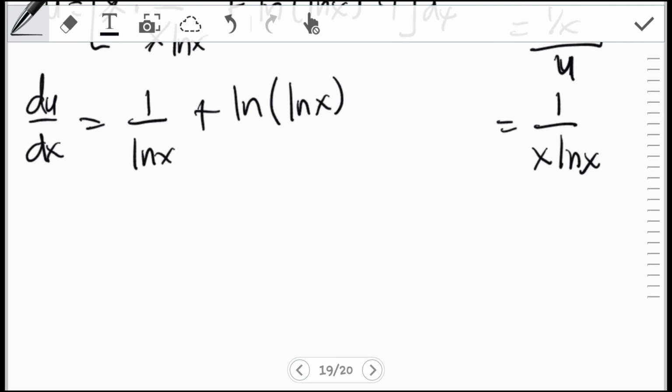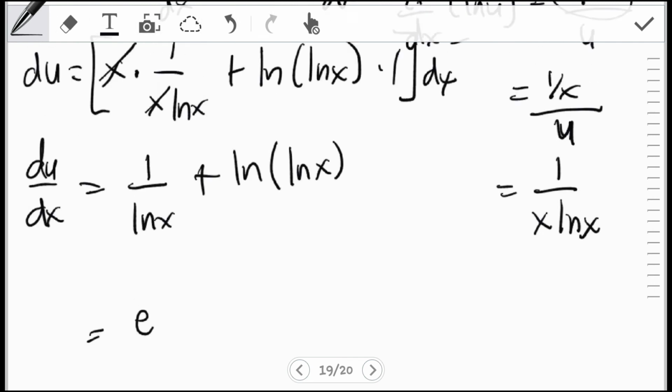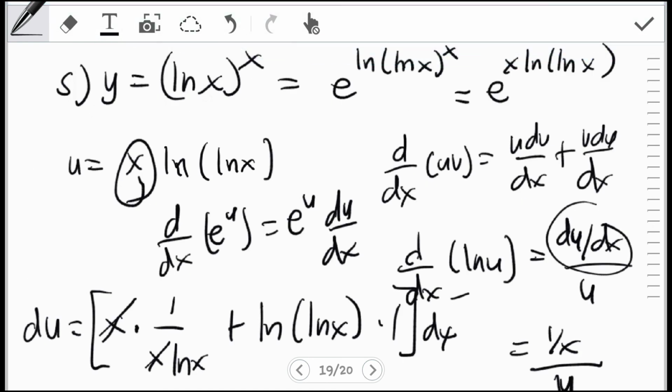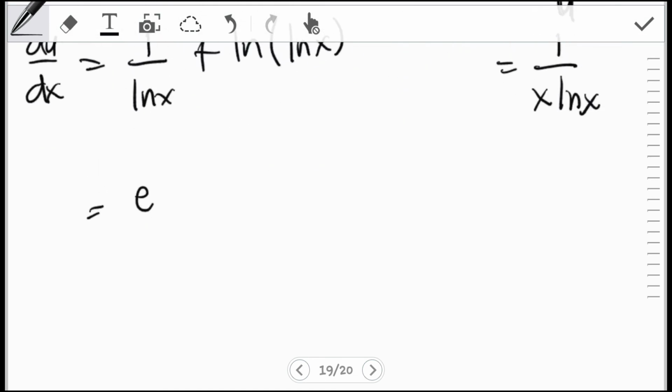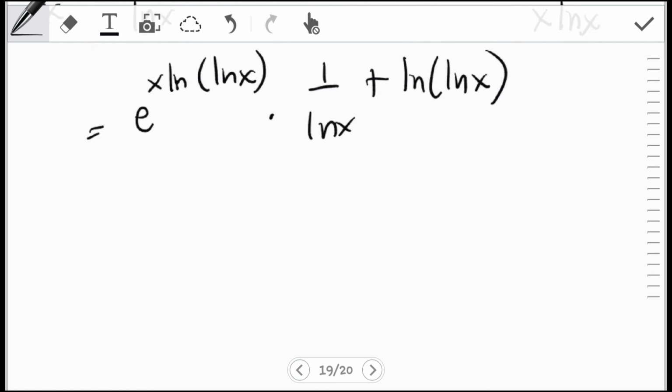So we can write e to the power x ln ln x times 1 over ln x plus ln ln x.